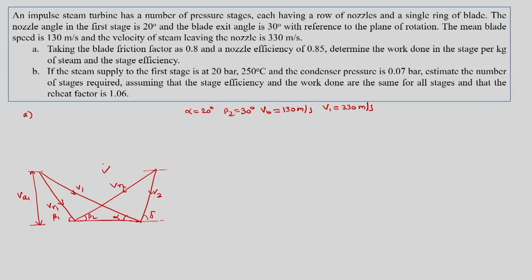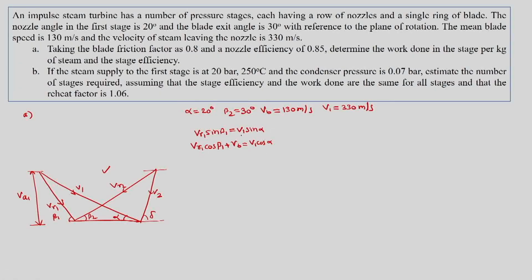Now we have also drawn the velocity triangle, so let us move ahead with part A. Here as well we can write the expression as VR1 sin beta 1 is equal to V1 sin alpha, and VR1 cos beta 1 plus VB is equal to V1 cos alpha.